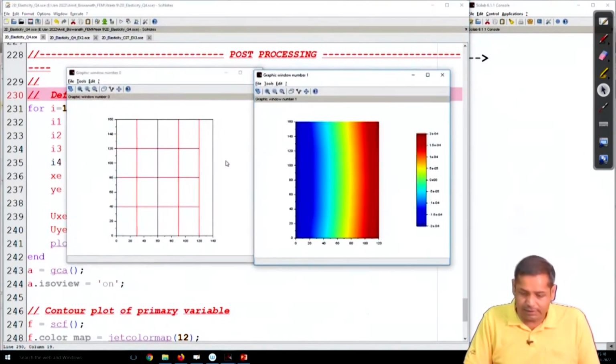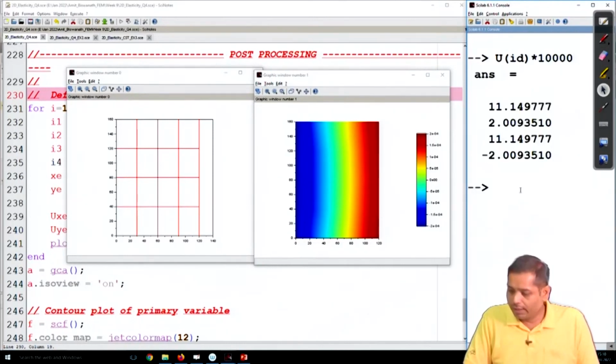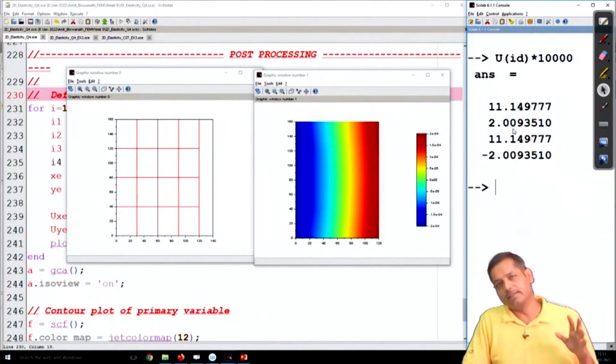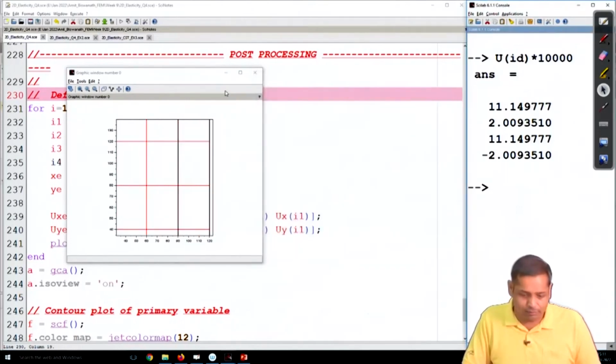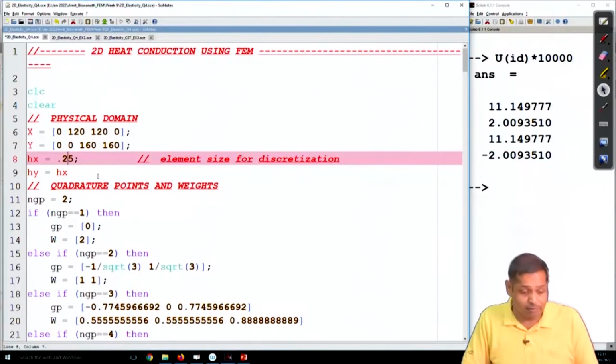This is the discretization, and finally you will get this. If you recall, our converged result for the triangular element was 11.16, and then 1.96, almost 2 and minus 2, which is the same result we are getting, but with a lesser number of elements.